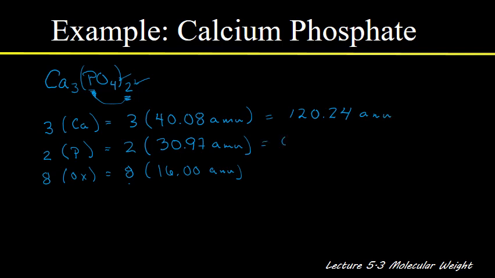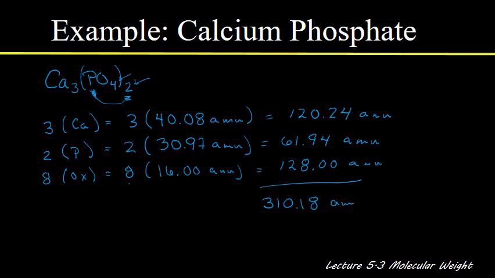For the phosphorus, it's 61.94 AMU. And for oxygen, it's 128 atomic mass units. And if we add all of that together, we get 310.18 AMU.